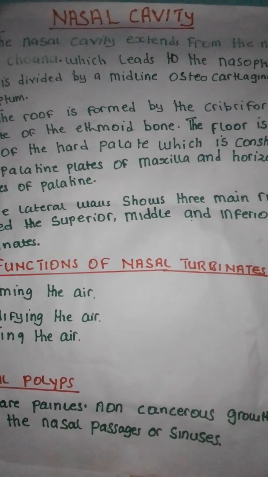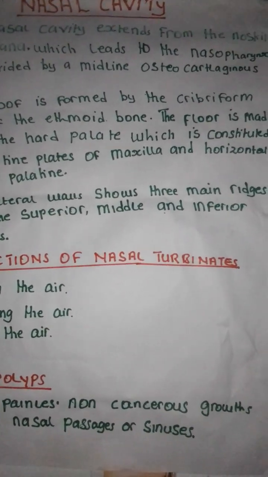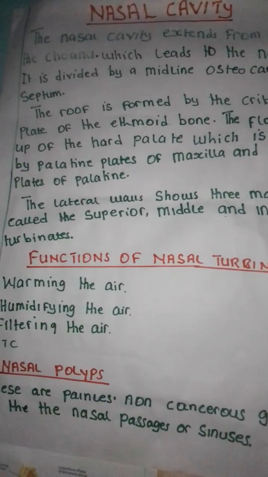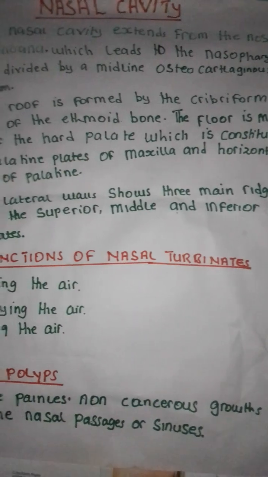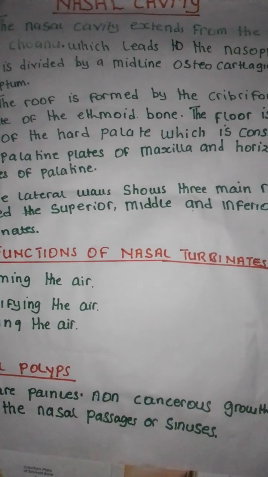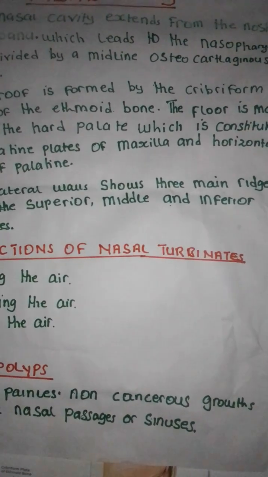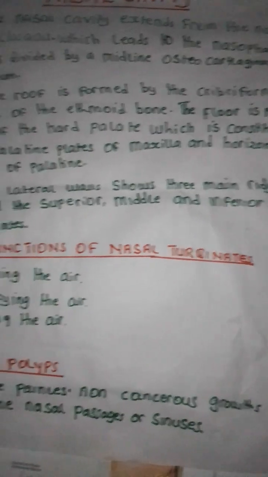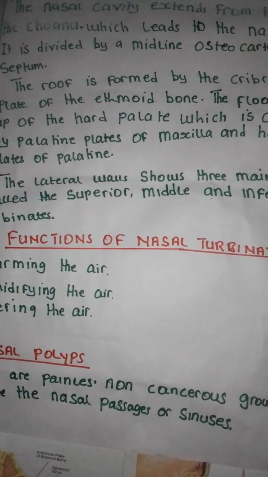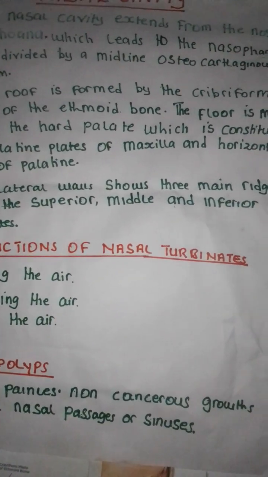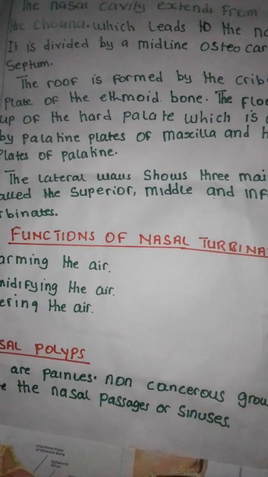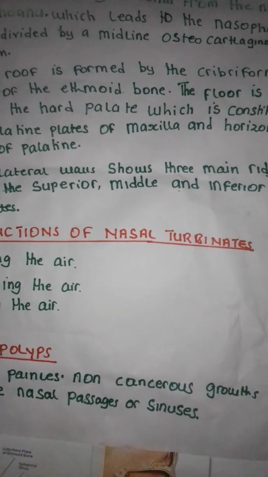So the nasal cavity extends from the nostrils to the choana, which leads to the nasopharynx. It is divided at the midline by the osteocartilaginous septum. The roof is formed by the cribriform plate of the ethmoid bone.